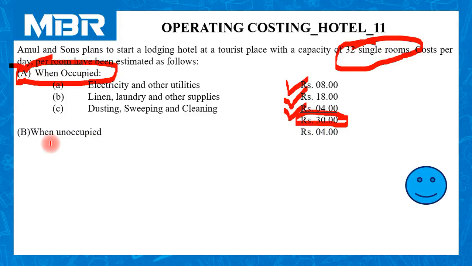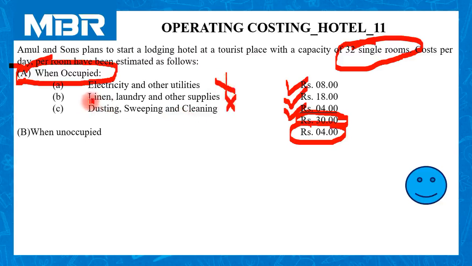When rooms are unoccupied, or when the rooms are vacant and no guests are available in the room, we need to pay 4 rupees per room per day. Obviously, when rooms are vacant, we are not in need of electricity and other utilities, linen and laundry.